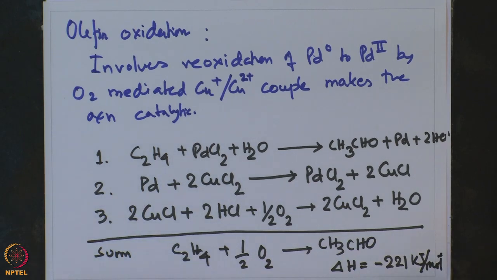So, this is an interesting reaction in which acetylene is converted to acetaldehyde. This is one of the first homogeneous catalytic processes that has been used on an industrial scale.